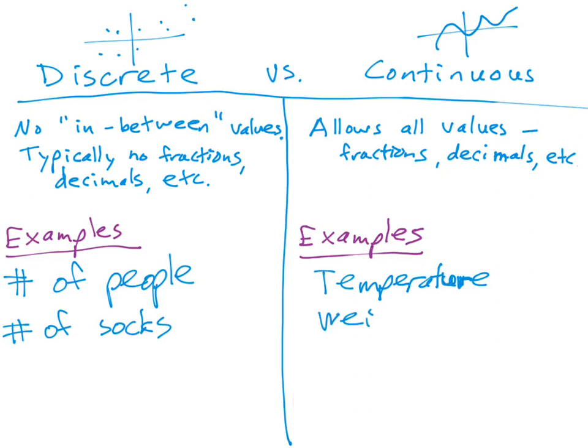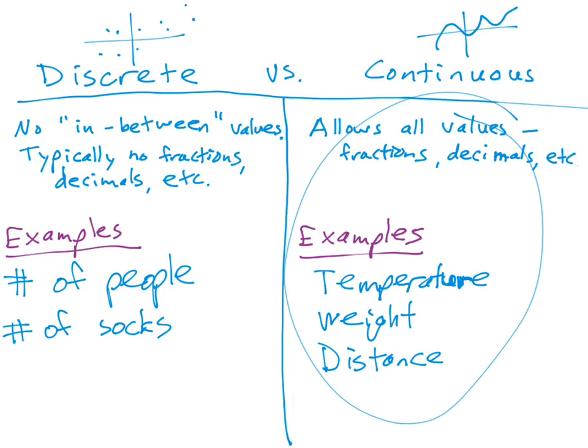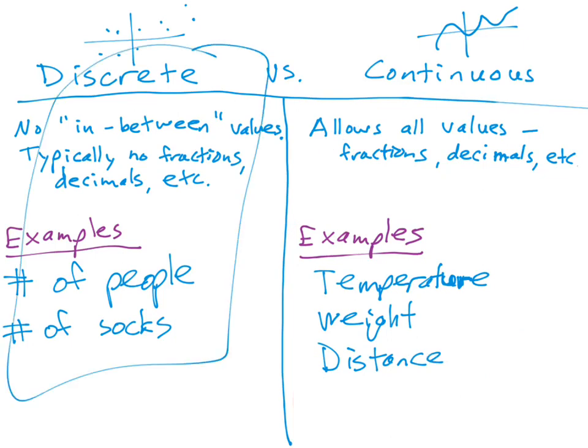Something like your weight, you can be 14.9 kilograms. That's not a whole lot, but you can be that weight. It's kind of in between. Distance, you can get down to tiny fractions of an inch. So all the in-between values are there. A lot of the things we measure in life are continuous, but there are some things that are discrete. There's no in-between values.